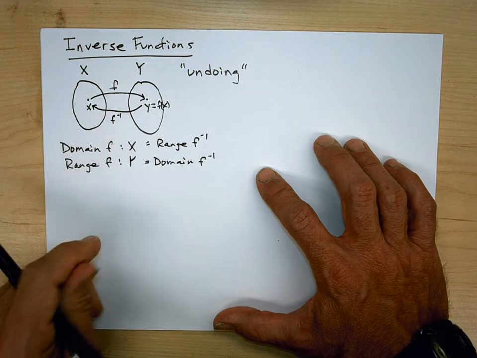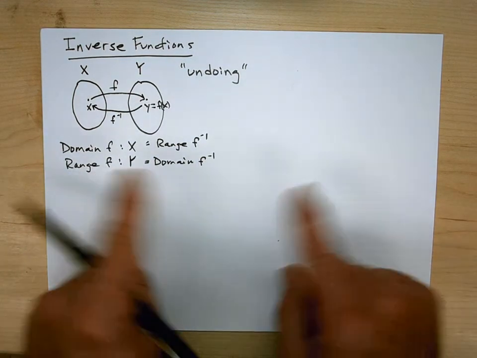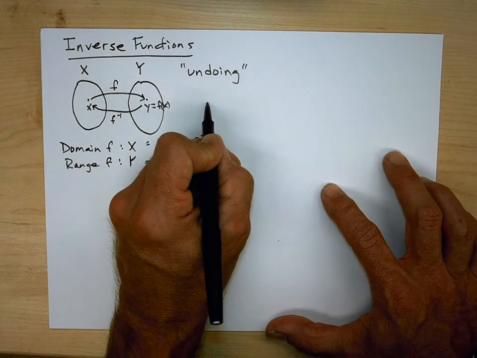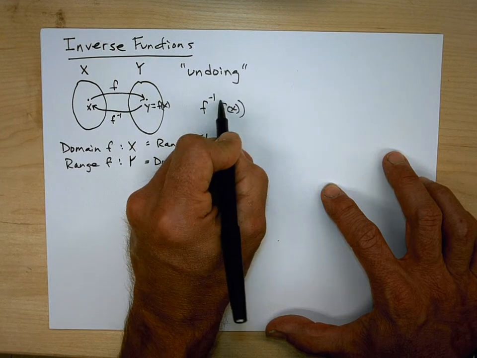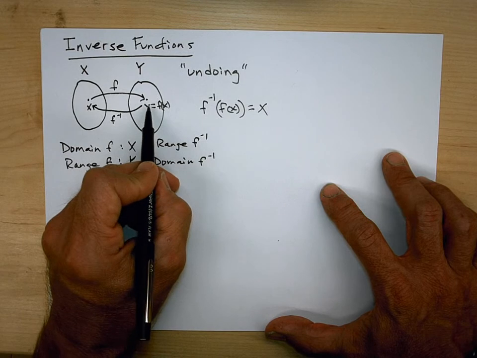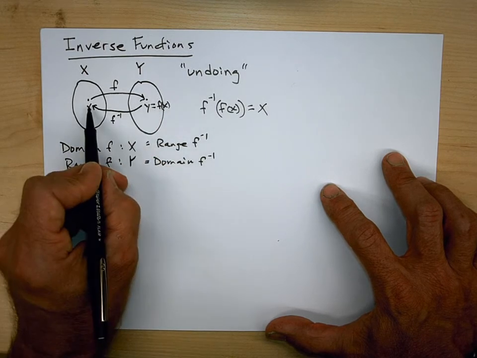Another way to think about this is, with the inverse, we just switch the domain and the range. We switch the X and Y. The other thing to note here is that f inverse of f of x is x. At this point y, we can also think of it as f of x. It takes f of x back to x.